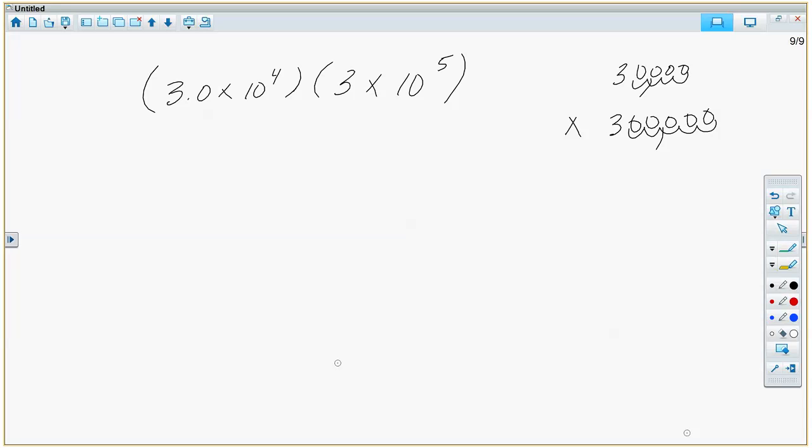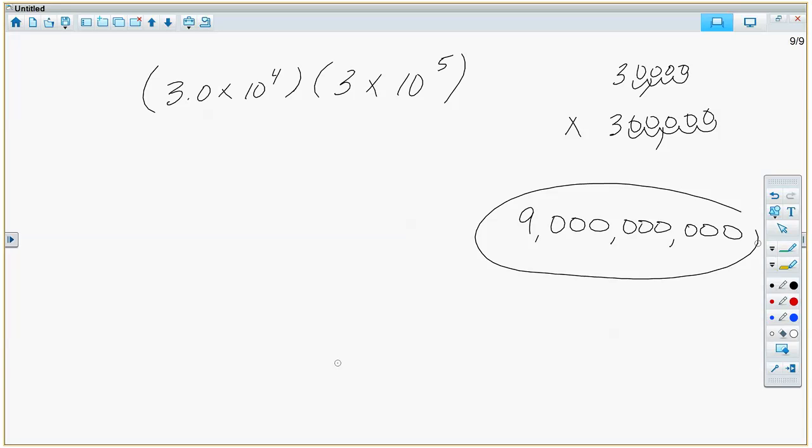They're going to give you 300,000 times 3,000. You go and you say, okay, that's 9 times 10 to the 9th. 9 times 10 to the 9th is $9 billion.